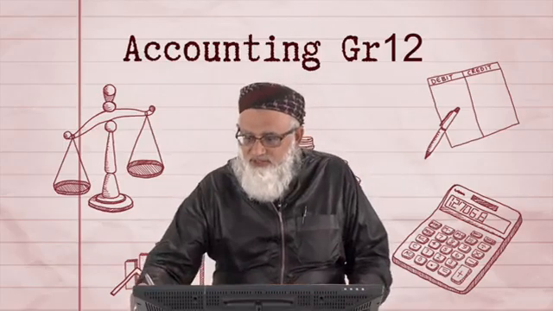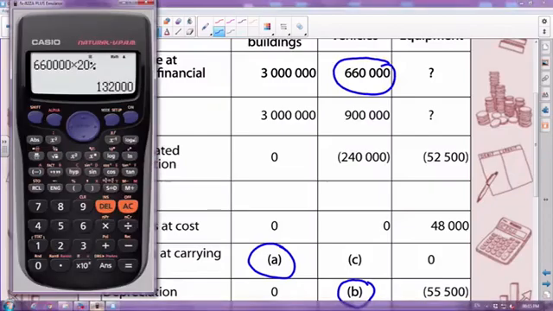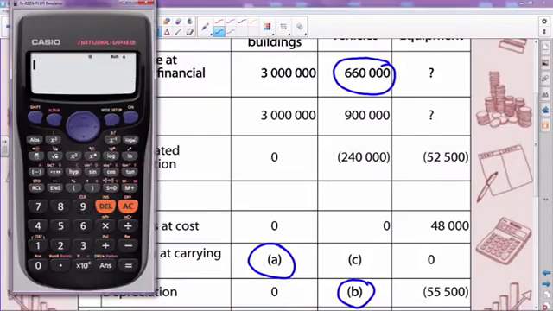Okay, grade 12s, watch this here. You've got a carrying value figure of 660,000. Take your 660,000, minus your depreciation, which you calculated to be 132,000.